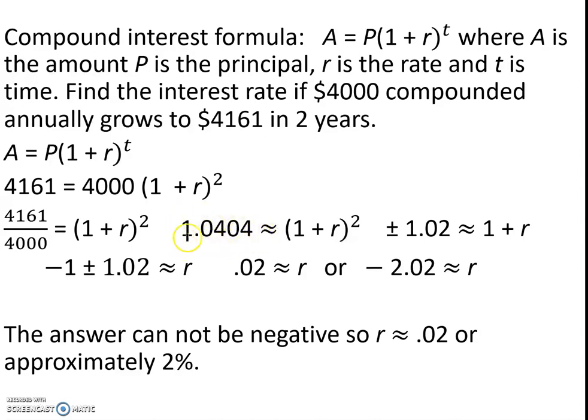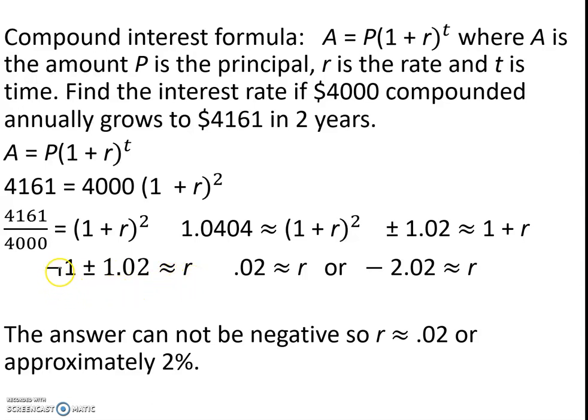Now taking the square root of both sides, the square root of 1.0404 is plus or minus 1.02, and taking the square root of the quantity 1 plus R squared is just 1 plus R. Subtracting the 1 from both sides, we end up with a negative 1 plus or minus 1.02 equaling approximately R.